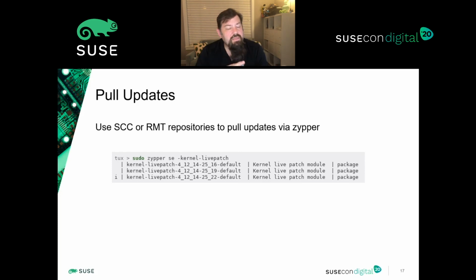Zypper has been extended, I believe I mentioned it earlier in the presentation, with this kernel-live patch capability to be able to allow you to deploy or see what patch bundles are available for that system and get them deployed. So it's a great capability that can utilize the SCC or RMT repositories to deploy those updates to your systems. So two methodologies that can be utilized to deploy live patching in a very good way.